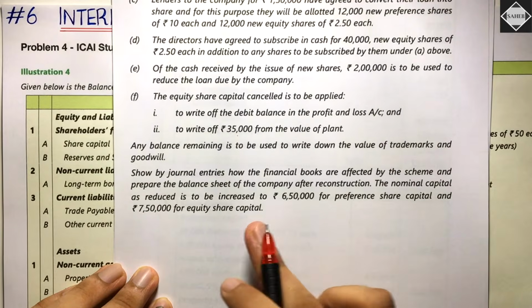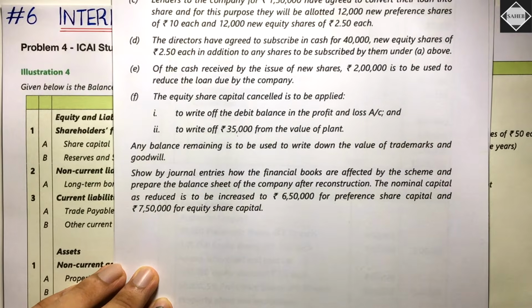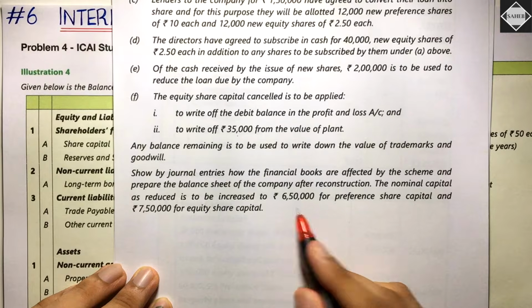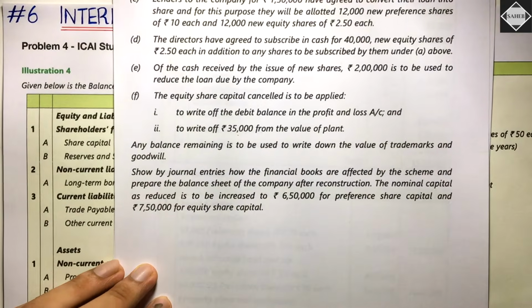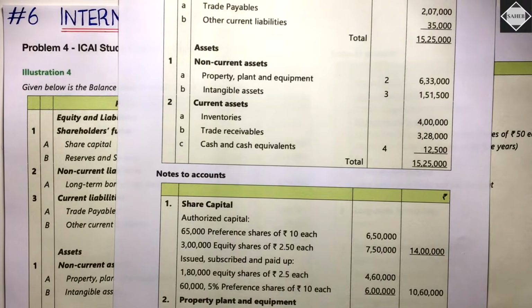Whatever authorized capital was there previously, we have to increase the preference share capital to 6,50,000 and equity share capital to 7,50,000. This is just a disclosure we have to do in the notes to accounts. Just write directly authorized capital 6,50,000, 7,50,000, preference shares, equity shares.